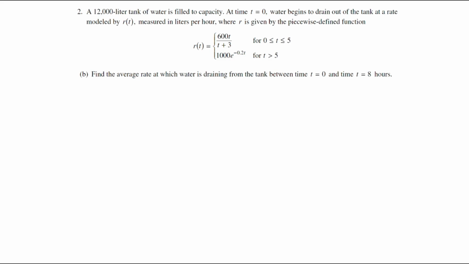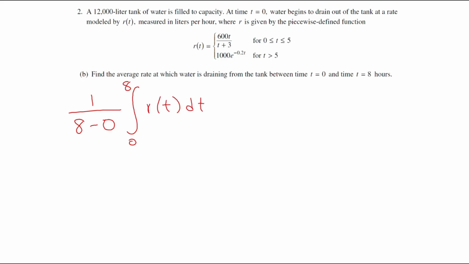In part B, it asks us to find the average rate at which the water is draining from the tank on the interval from 0 to 8. So the average rate is just the mean value theorem for integrals. It's 1 over b minus a, so 8 minus 0, times the integral from 0 to 8 of r of t dt.